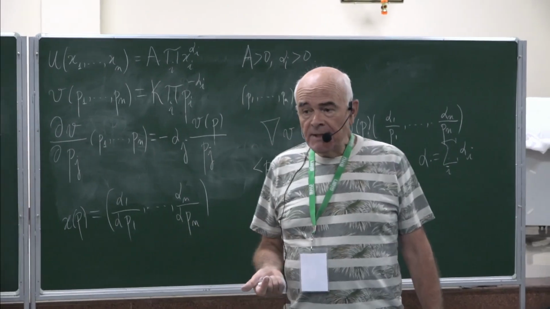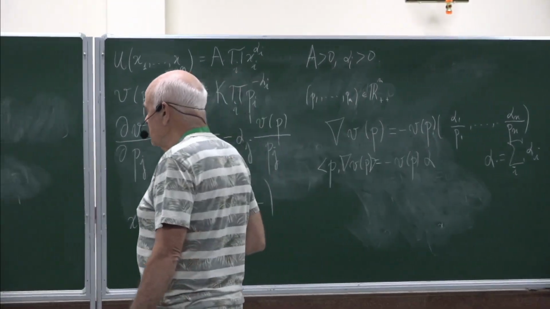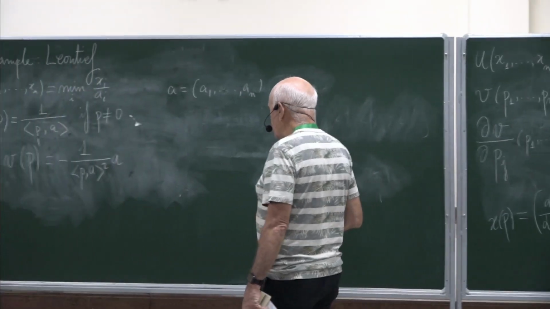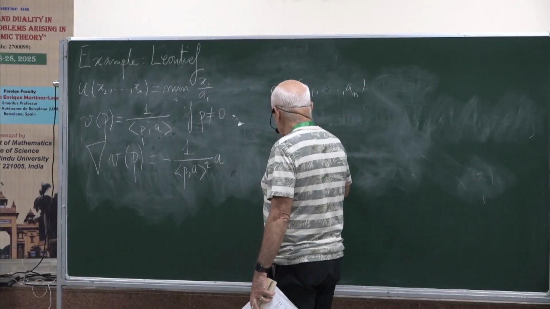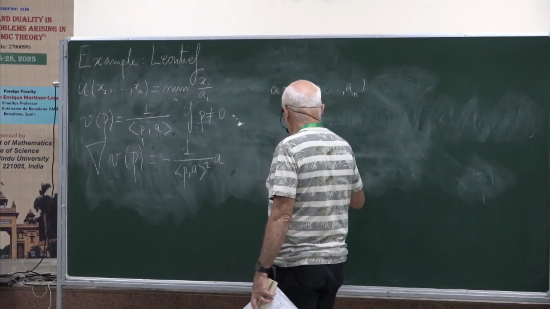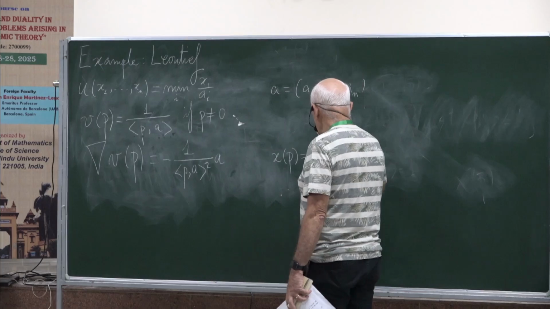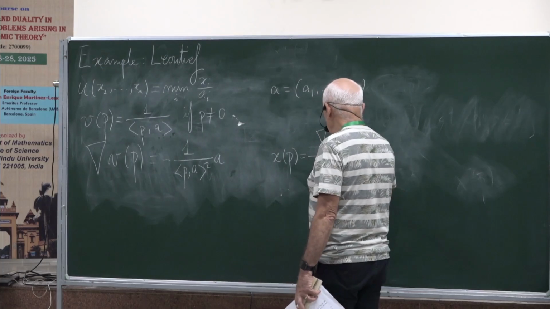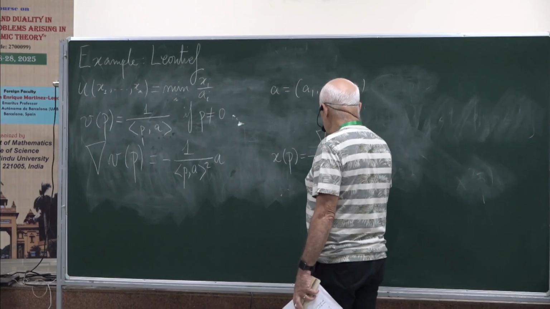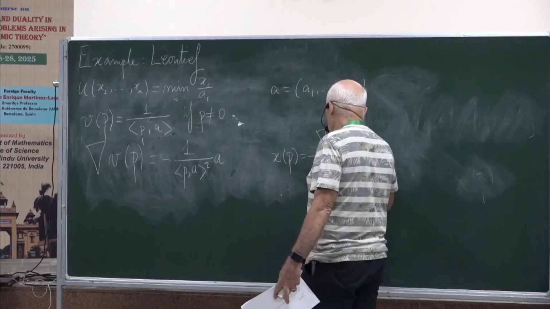So Roy's identity holds, which means that the optimal demand under these prices is the gradient divided by the cost of the gradient.